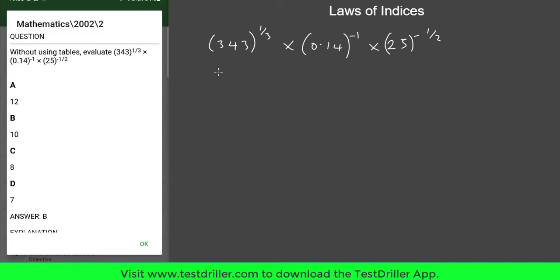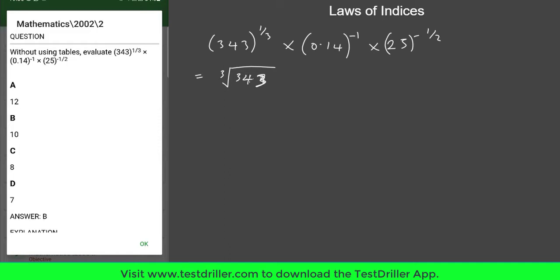So let's solve this. From what we learned, we know that this is a fractional power, right? And since it is a fractional power, the result is equivalent to the cube root of 343.